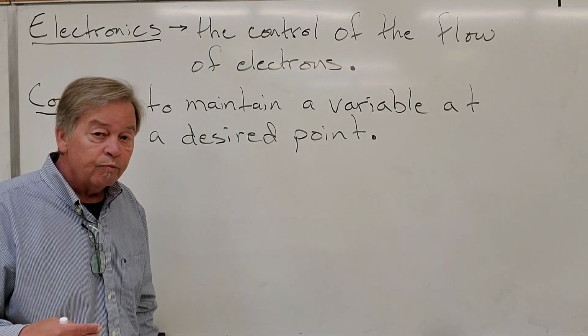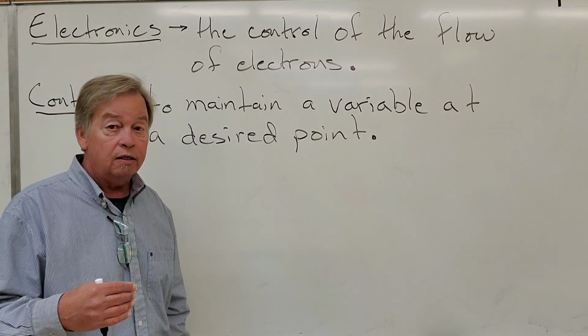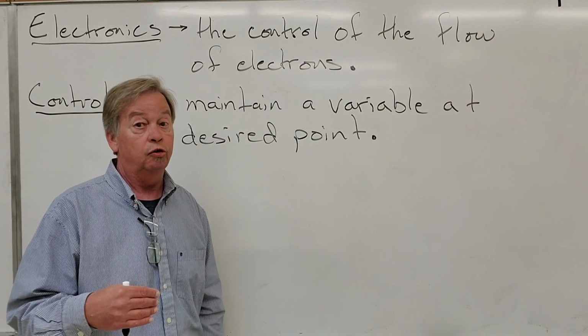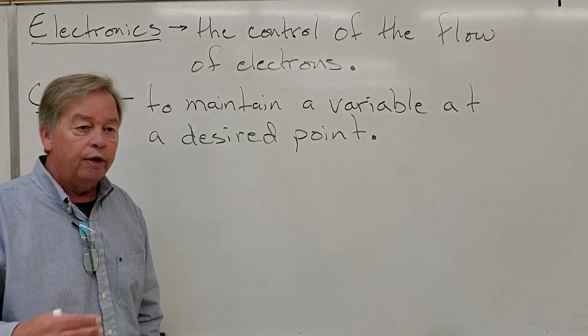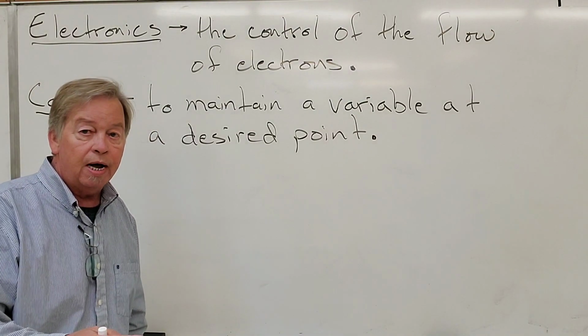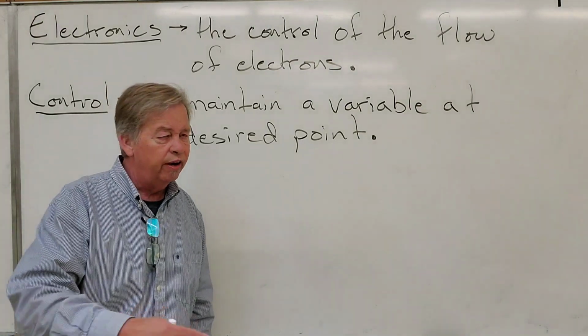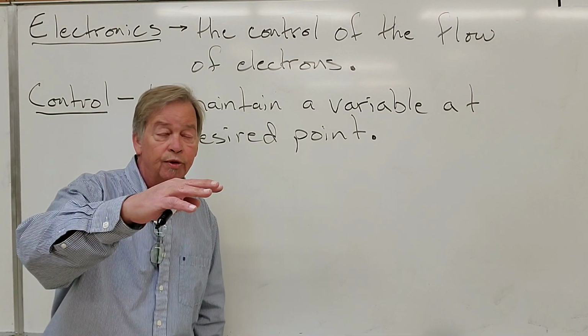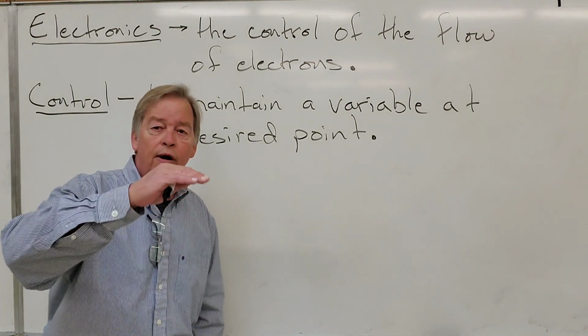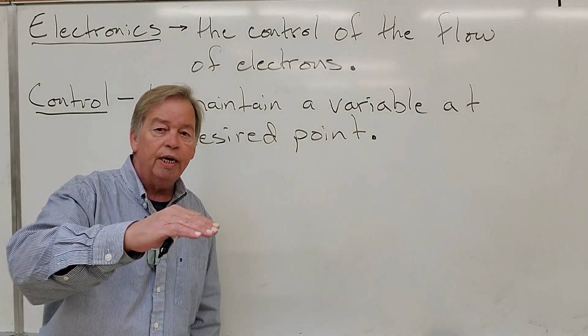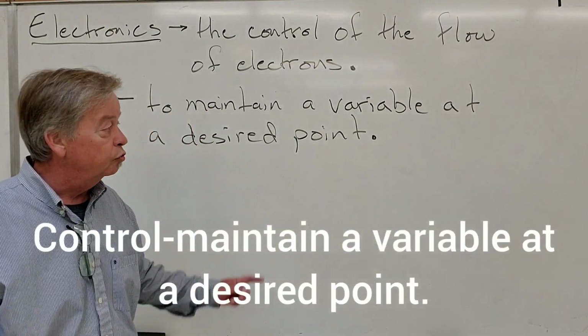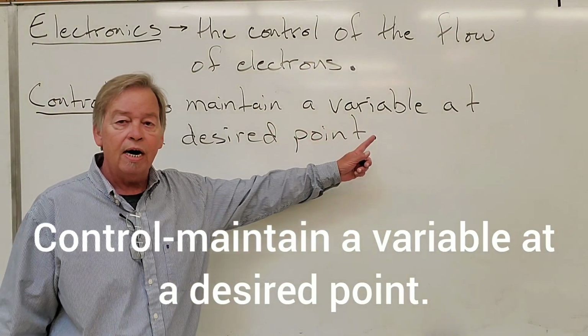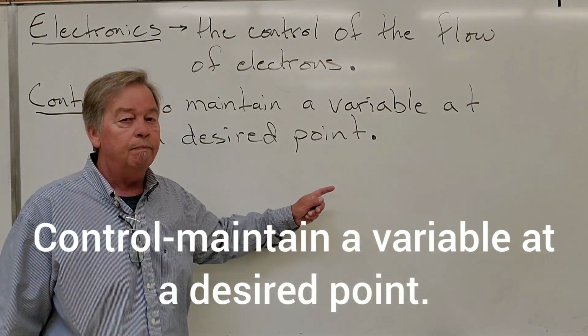If I want to maintain a speed of 50 miles an hour, I put my cruise control on, and when it does, it hangs at 50 miles an hour, doesn't go any slower. Even if I go up a bridge or something, it increases the accelerator to keep that speed at 50 miles an hour. So control is maintaining a variable at a desired point.